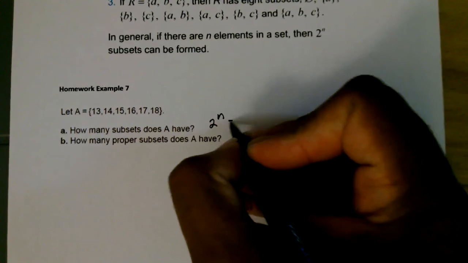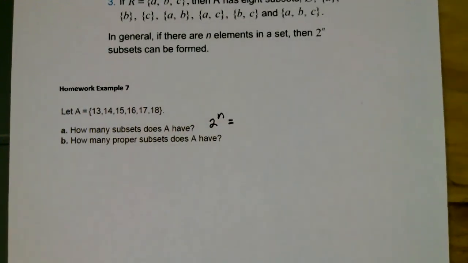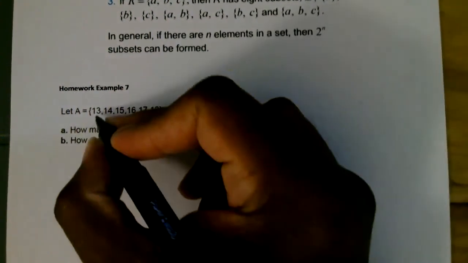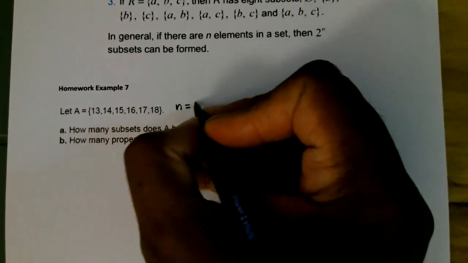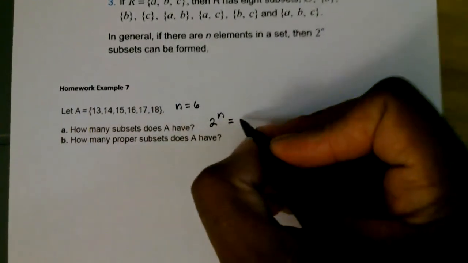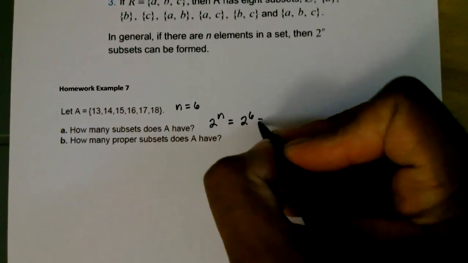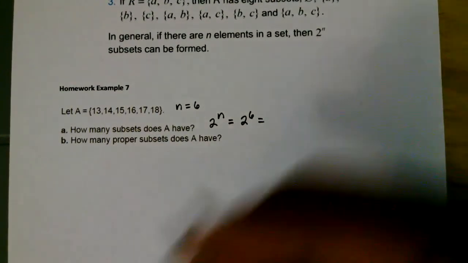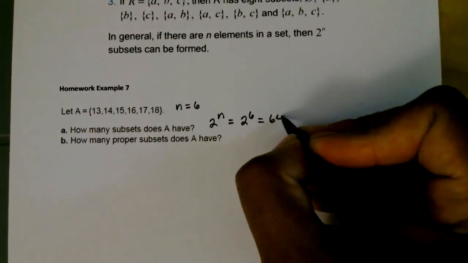So here we use 2 to the n. And now we want to find out how many elements are there in A. So we count those up. There are 6 elements in set A. So the number of subsets will be 2 to the 6th, which will be 64.